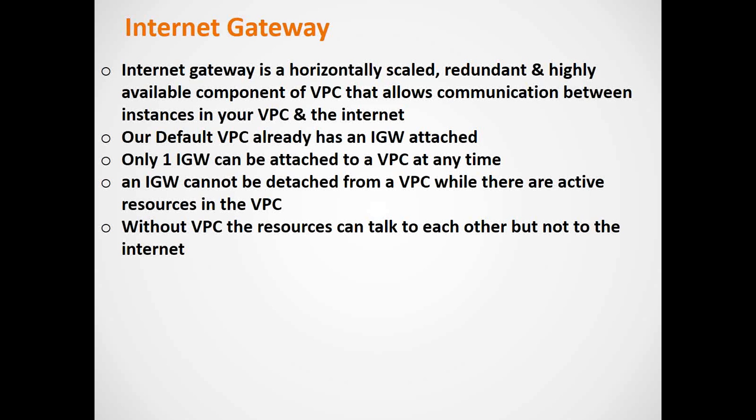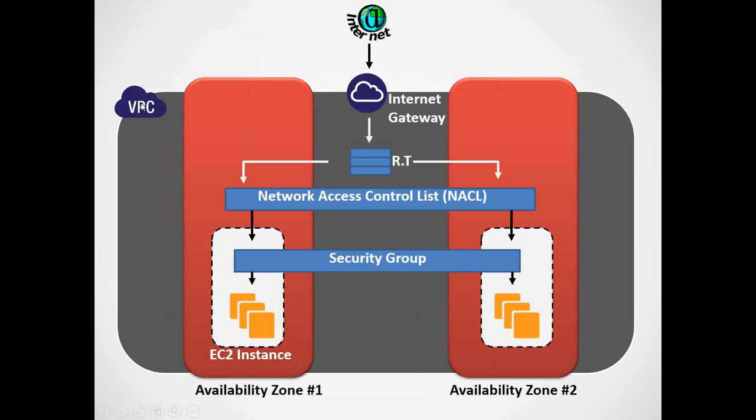Okay. Now, without the VPC, the resources cannot talk to each other, but they can access. So what you mean here is, let's say you have a virtual private network. Now, in case you do not have a private network, then the machines that you have can communicate between each other, but they cannot communicate to the internet, because in order to communicate to the internet, you need the internet gateway which is attached to the VPC.